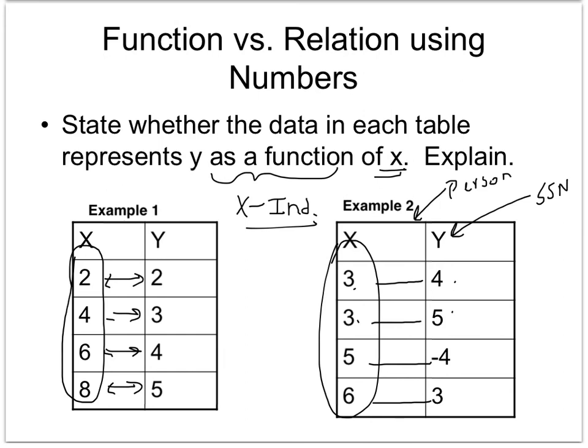Yes. This is not a function. It's a relation, but it's not a function. Example 1 is our function. And that's how we can determine if something is a function versus a relation.